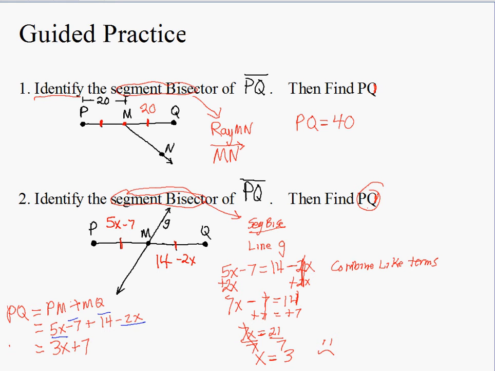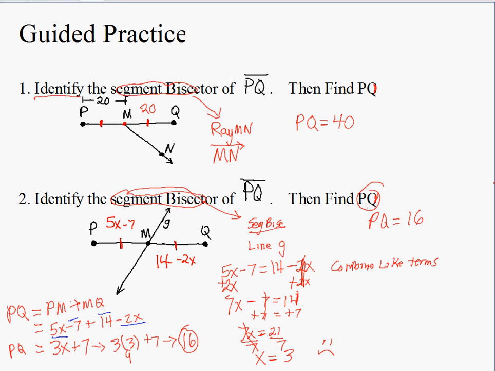So we know that PQ is equal to 3x plus 7. Well, I know that our x is equal to 3, so I can plug that back in. So I have 3 times 3 plus 7, which is 3 times 3, which is 9. 9 plus 7 is 16. So PQ is equal to 16.